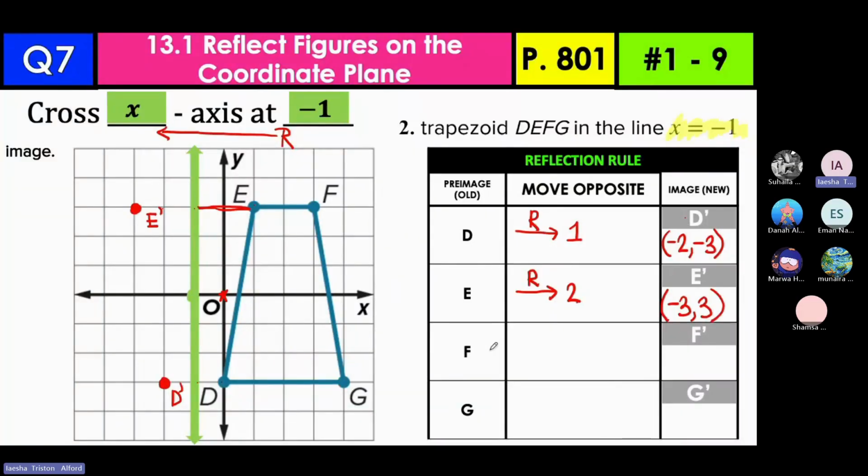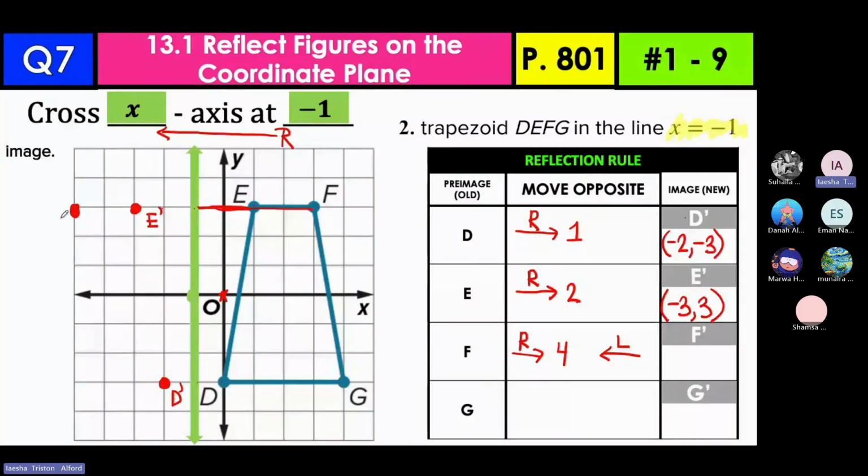Fine. For F, we're going to go the same. F is on the right side. So the F is to the right. How many units? 4. So to get F prime, we need to go to the left. How many? 4. 1, 2, 3, 4.